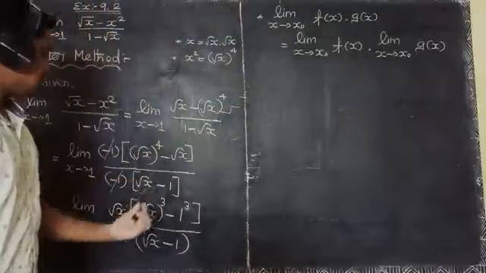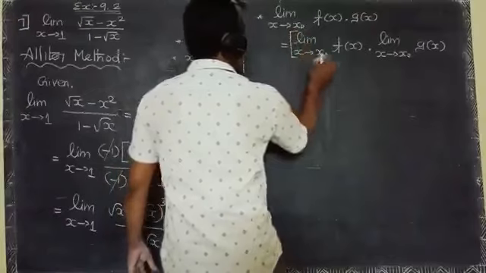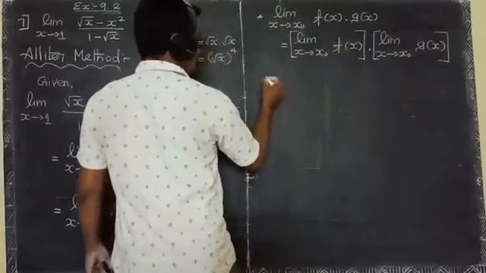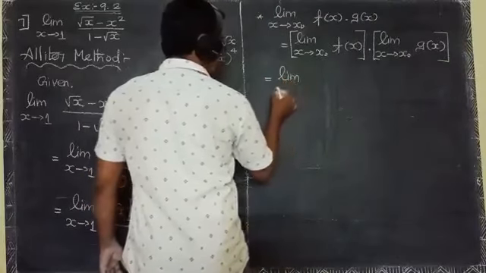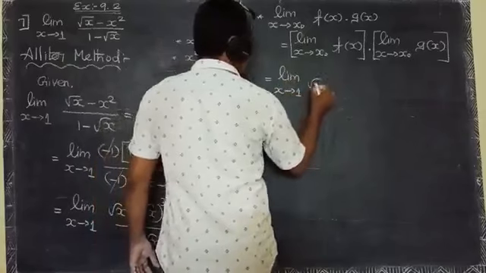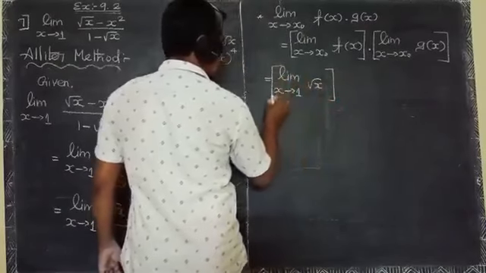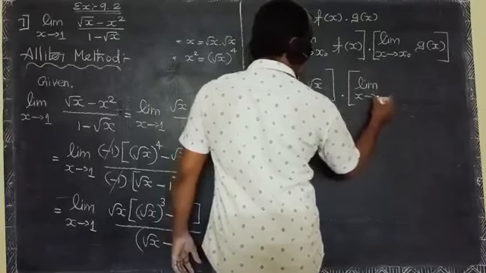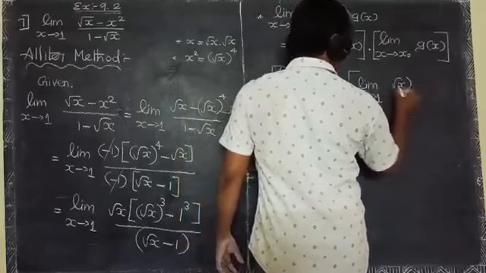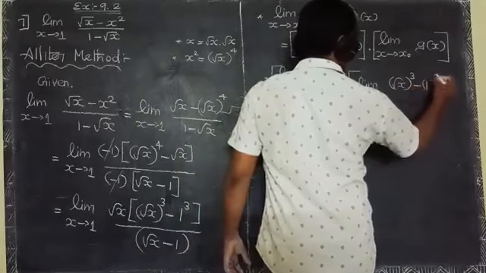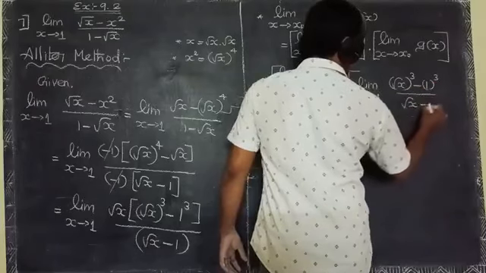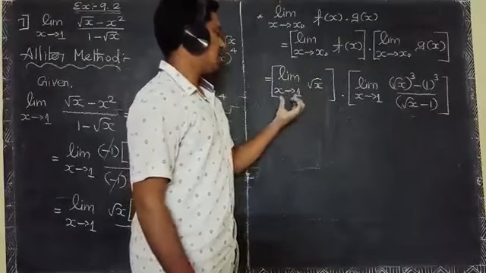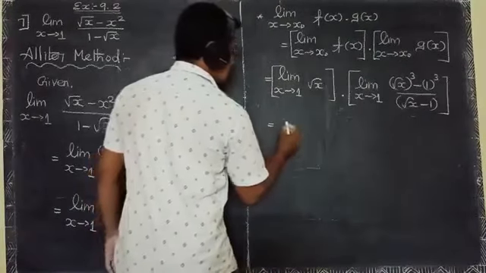Using this property here, that is limit x approaches 1 of root x, into limit x approaches 1 of (root x power 3 minus 1 power 3) divided by (root x minus 1). Here in the first, f of x, replace x equal to 1, that is root 1.